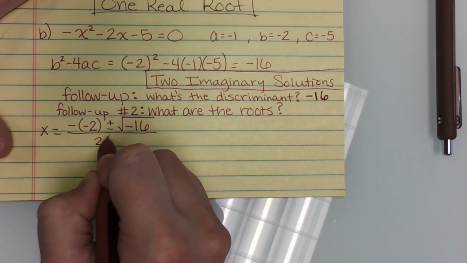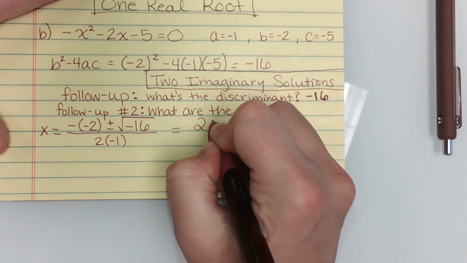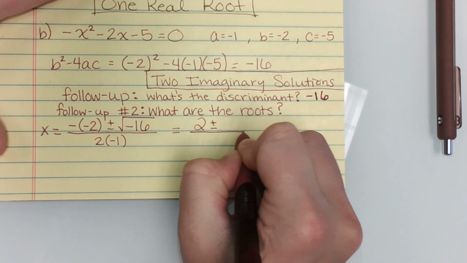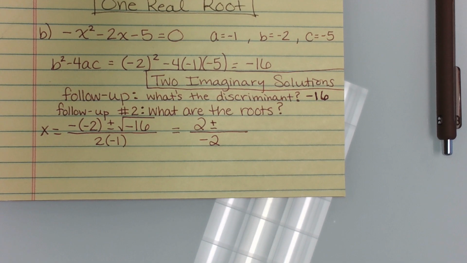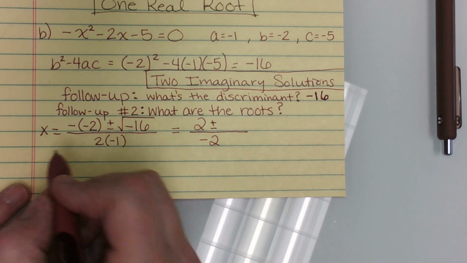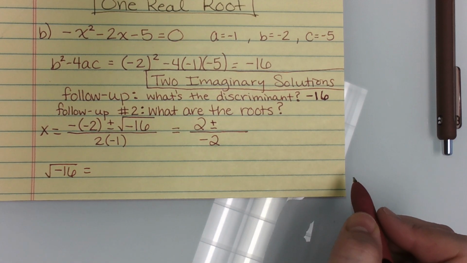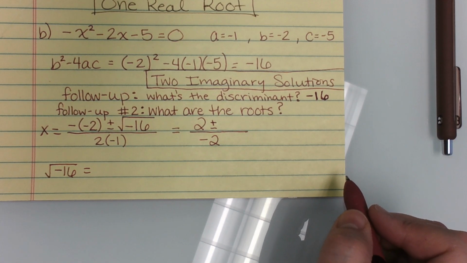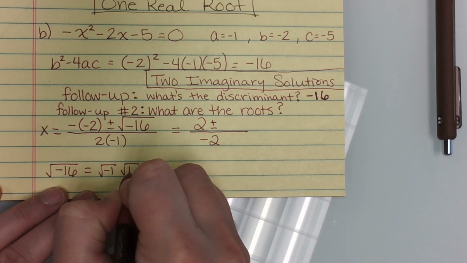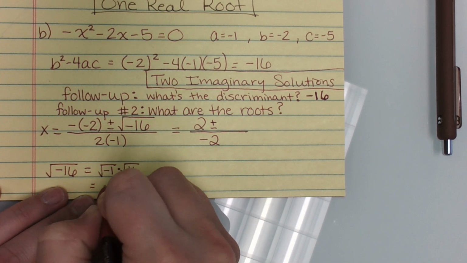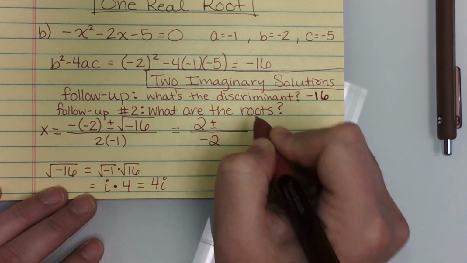All over 2 times a. 2 plus or minus all over negative 2. What is the square root of negative 16? 4i. It's the square root of negative 1 times the square root of 16, which is i times 4, which is indeed 4i.